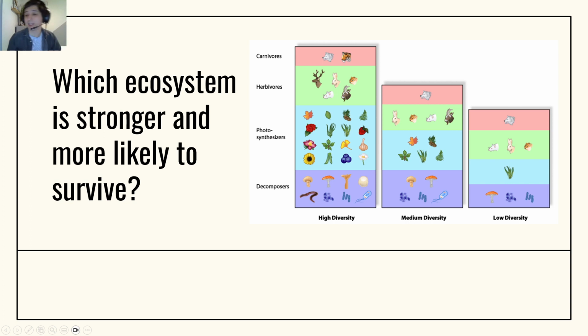It probably doesn't take a lot of time to analyze to realize that the high diversity ecosystem is stronger and more likely to survive after a disturbance, because let's say there's a disease that kills this type of plant, right? In this ecosystem with low diversity, that's disastrous, right?